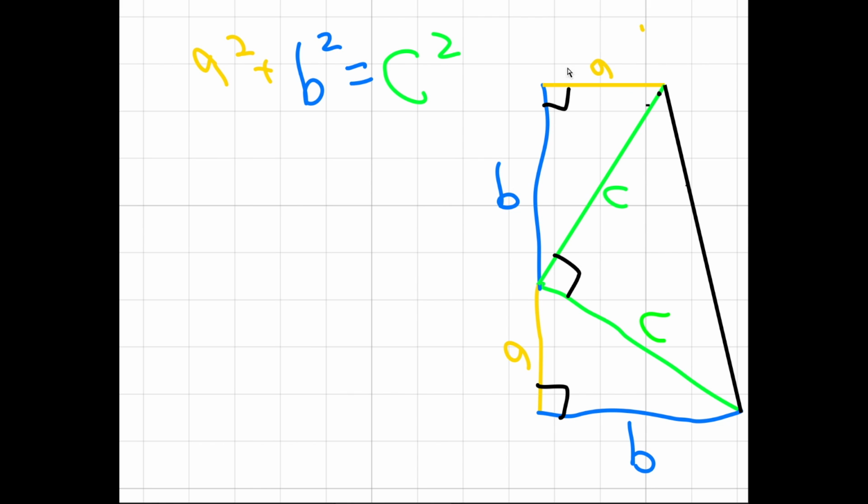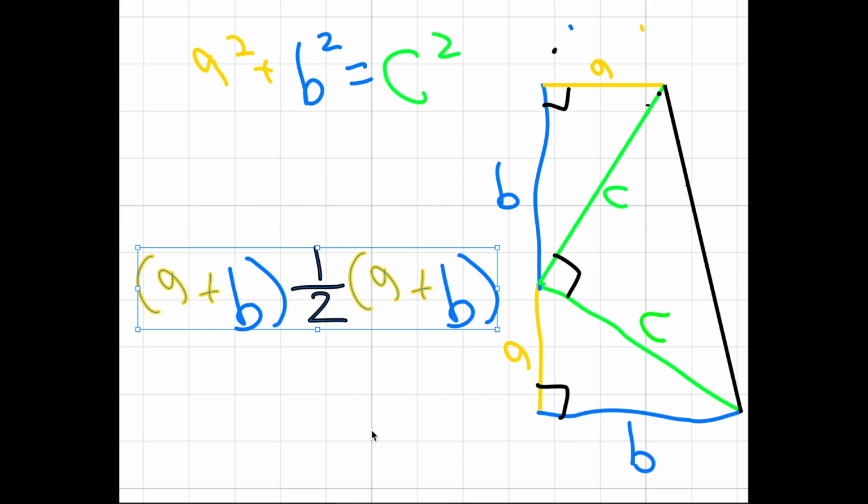The area of a trapezoid is the height times the two parallel sides times 1/2. So what we're going to do is put A plus B times 1/2 AB. Okay, so that is the area of this.